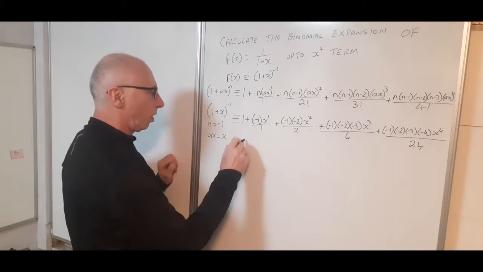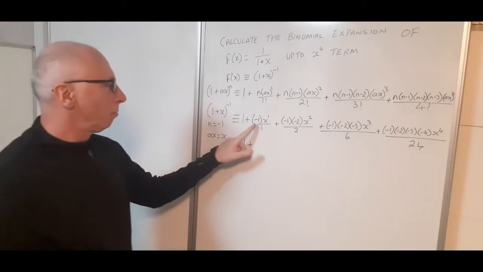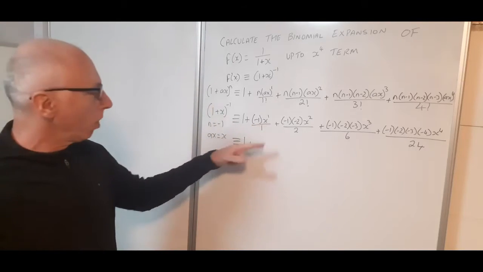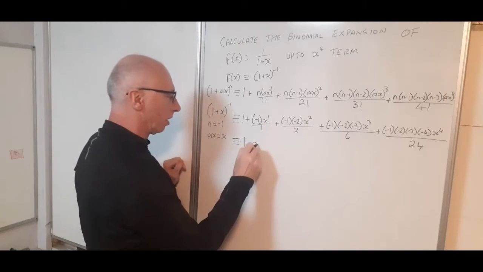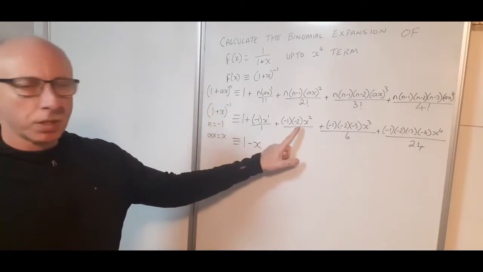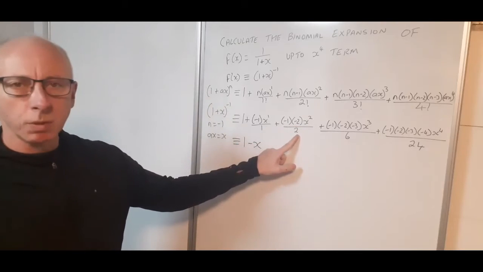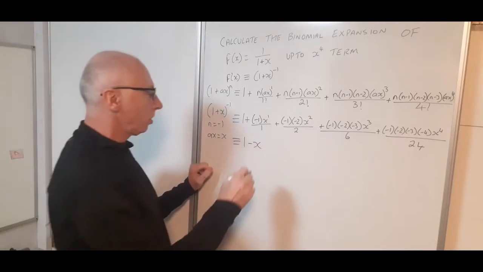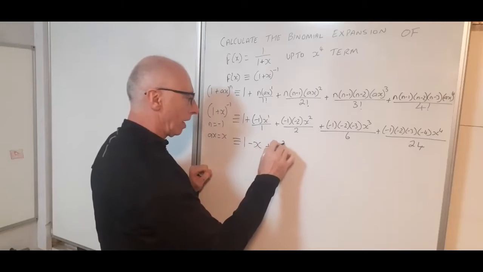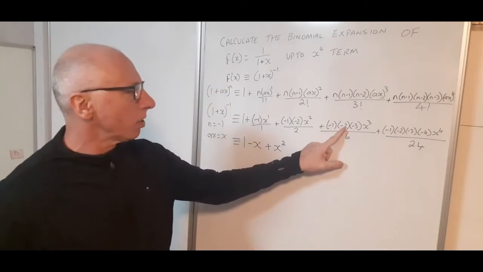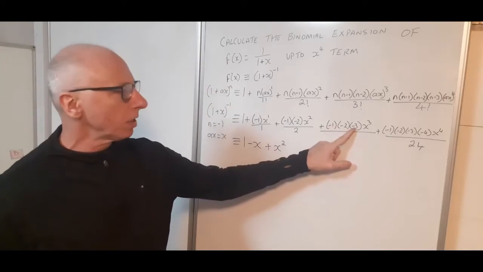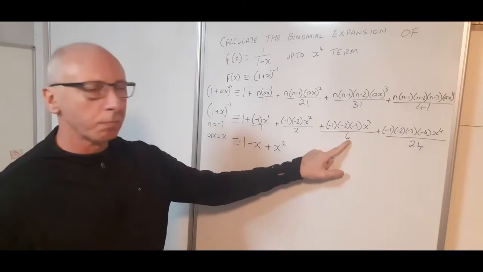So now I've got 1 just stays as it is. Minus 1 times x over 1 is just minus x. Then I've got minus 1 times minus 2 is plus 2, over 2 is 1, times x squared is just plus x squared. Next term, I've got minus 1 times minus 2 is plus 2, times minus 3 is minus 6, over 6 is just minus 1.